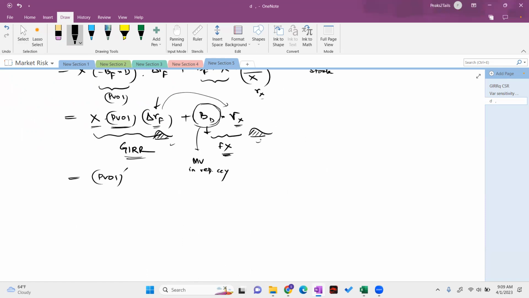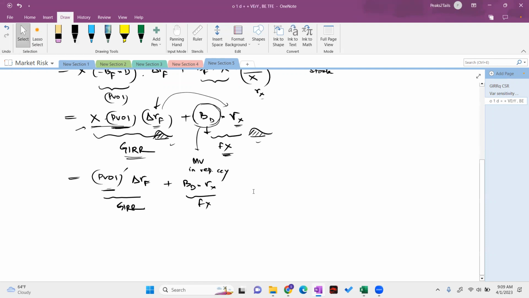I don't need it anymore. I multiply the current spot exchange rate with the PV01 of the bond. That becomes a new kind of sensitivity and I will forget about it. I'll pretend this is my new sensitivity and life is good, right? And this is BD RX. So this undergoes FX. This is GIRR. Clear?